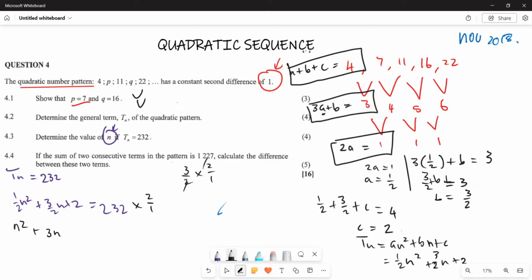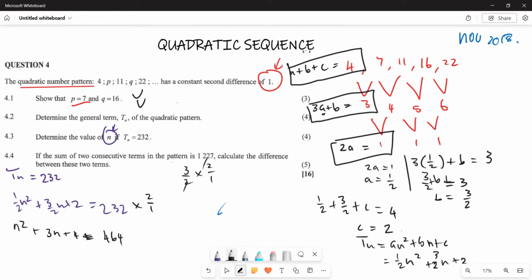What else are you then going to have? Let's see. Then when you multiply here, this 2 is going to be plus 4. And then this is equal to, what is going to be then? When you say 232 multiplied by 2, what is the answer that you're getting? This is 460, plus 4, and this is going to be 464. So this is equal to 464, right?